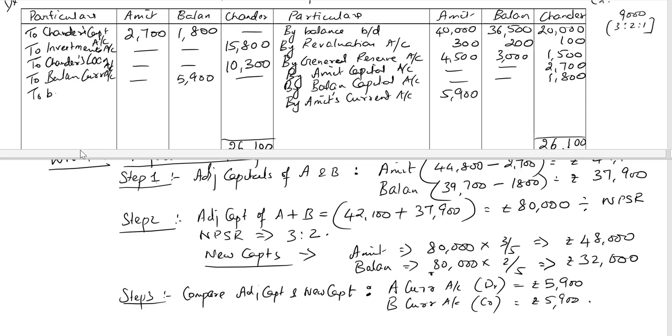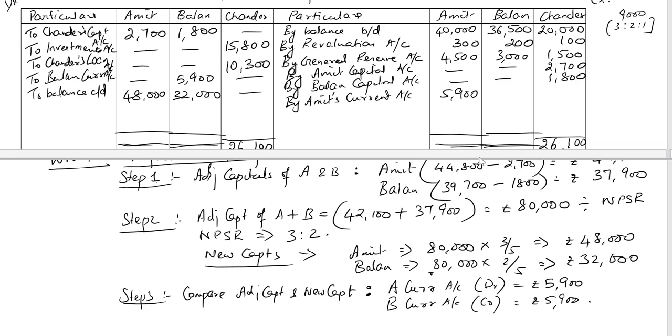Let's write the balance carried down, which is the new capitals. It's 48,000 in the case of Amit and 32,000 in the case of Balan. If both sides tally, we know our arithmetic is correct. In the case of Amit, both the sides total to 50,700 rupees.